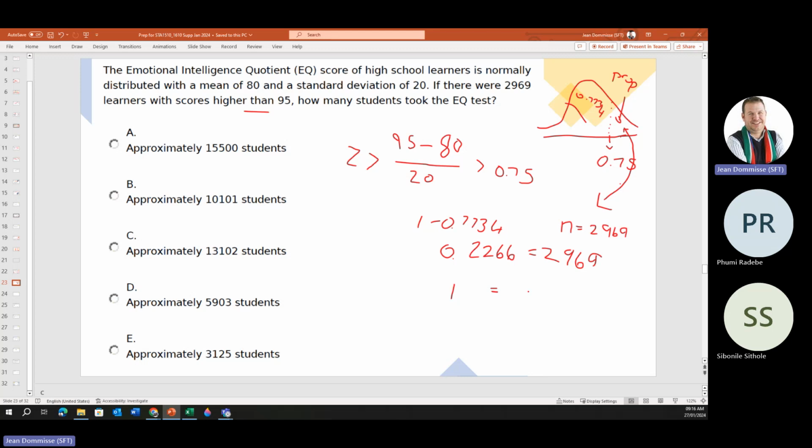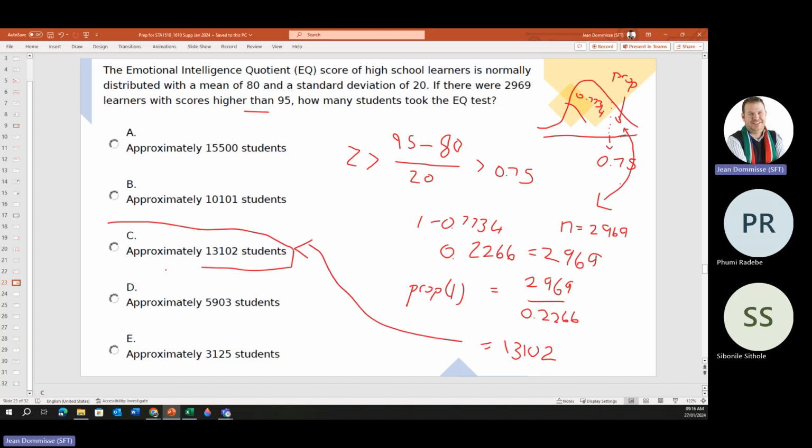We need to divide 2969 by 0.2266 to get the probability of 1, the whole area. So 2969 divided by 0.2266 gives us 13102, which is option C.